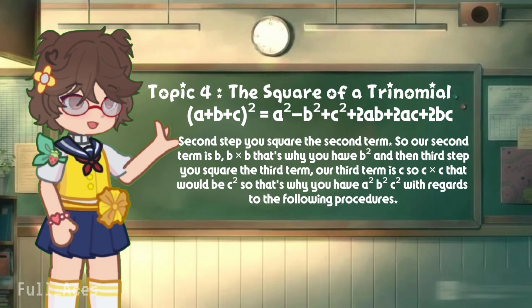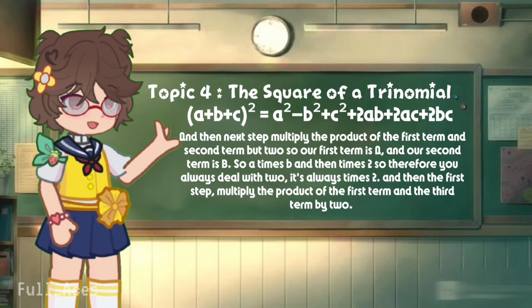Our second term is b, so b times b. That's why you have b squared. Then third step, you square the third term. Our third term is c, so c times c. That would be c squared. So that's why you have a squared, b squared, c squared with regards to the following procedures.